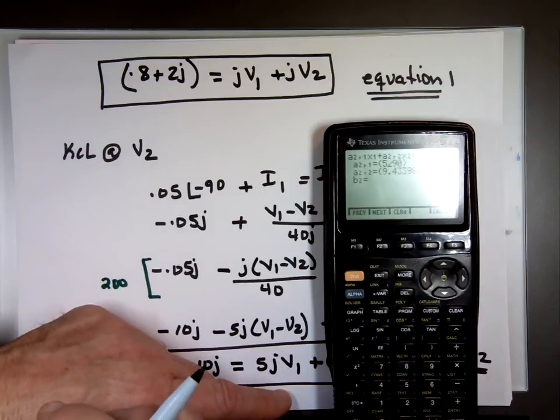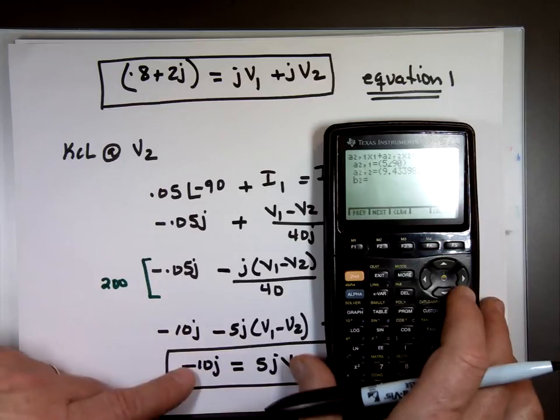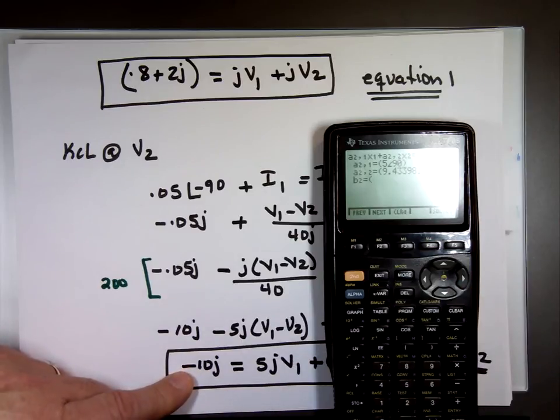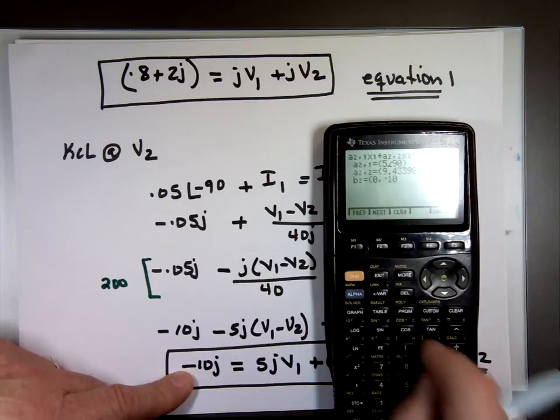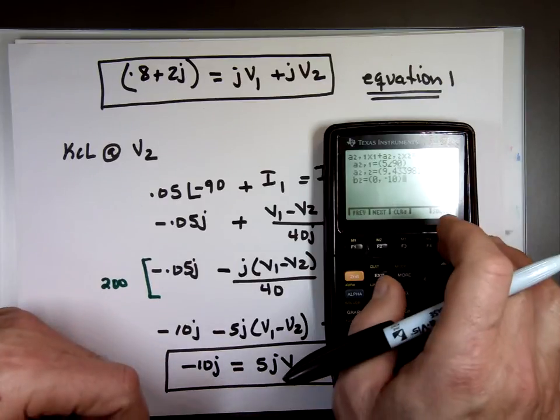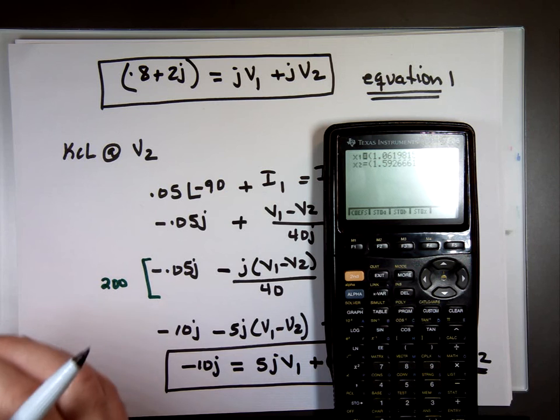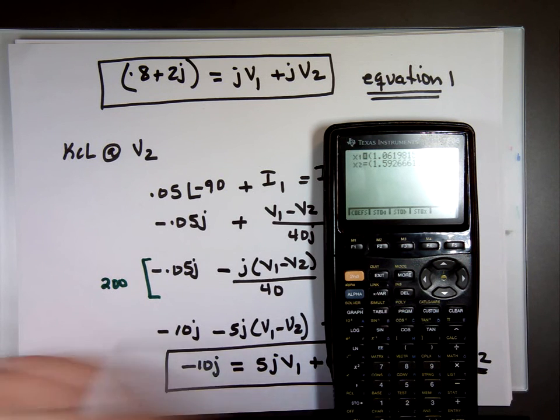And the last one is the answer, which is 0 minus 10j: 0, comma, negative 10. Solve. And here's x1 and x2, that's V1, V2.